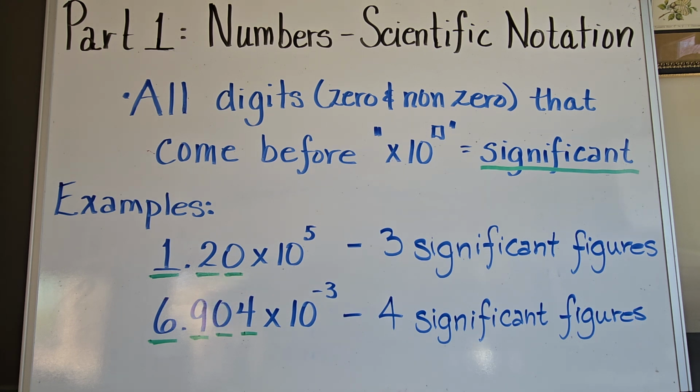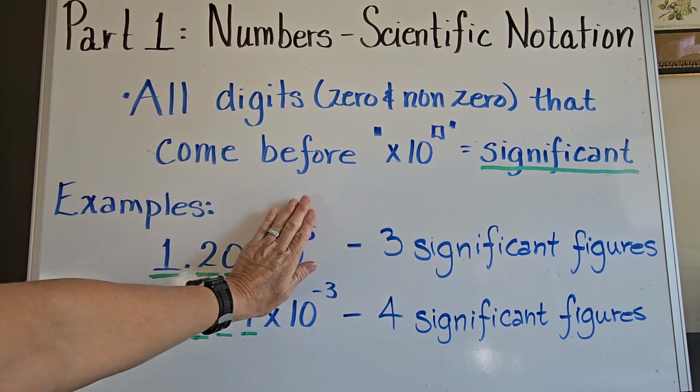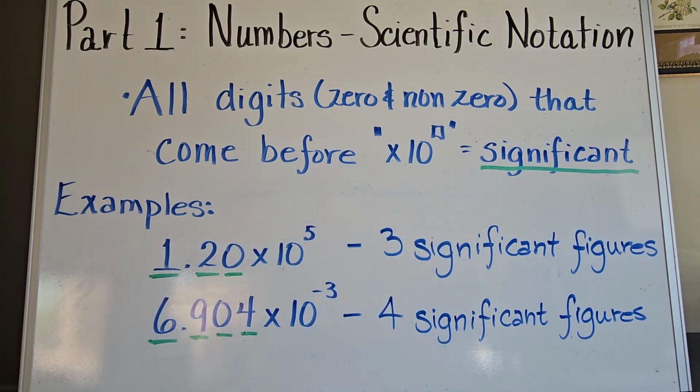Our first one is 1.20 times 10 to the fifth. So mentally, I'm going to put my hand over my 10 to the fifth. I'm just going to look at the piece before it, and notice all of those numbers I've underlined in green. All of those numbers, zero or non-zero, are all significant. So therefore, that number has three significant figures.